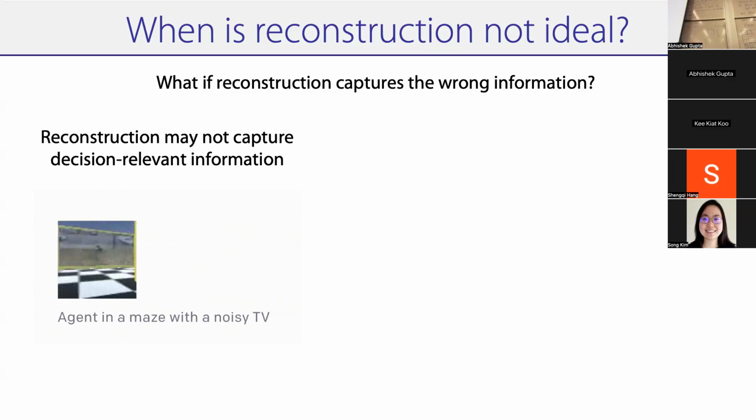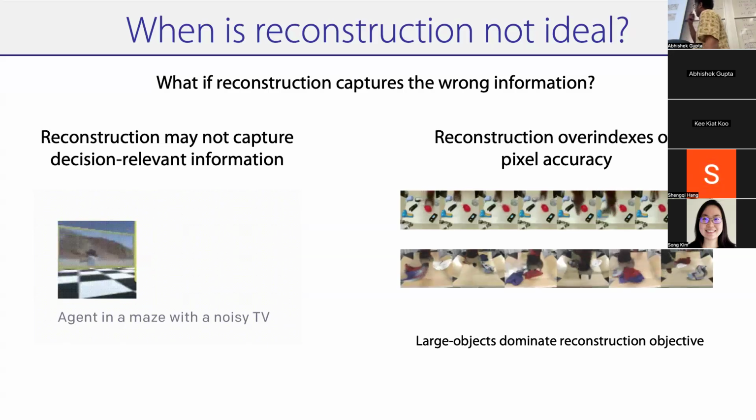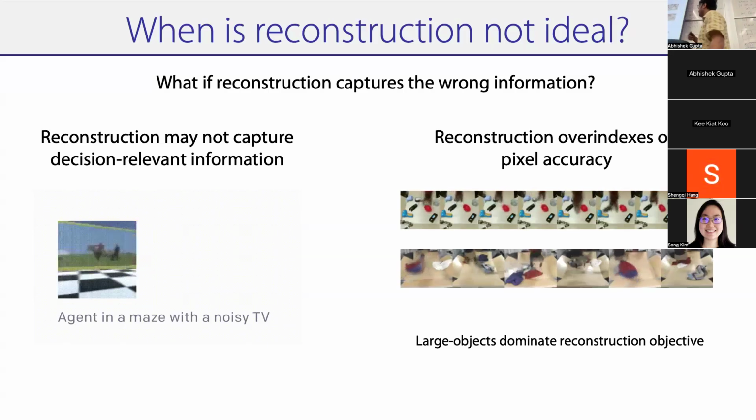But the cons here is that this is a problem that's often canonical in exploration called the noisy TV problem. You have a noisy TV, and it's playing a bunch of random stuff, but it occupies a huge amount of your scene. You're just going to waste a lot of your prediction power on the noisy TV, though it's irrelevant for decisioning. And if you have large objects, they tend to dominate your reconstruction objective.